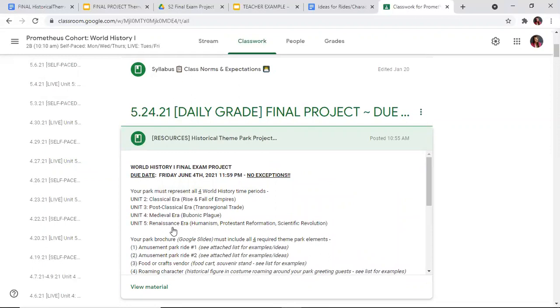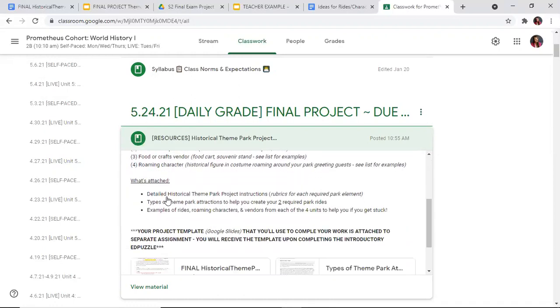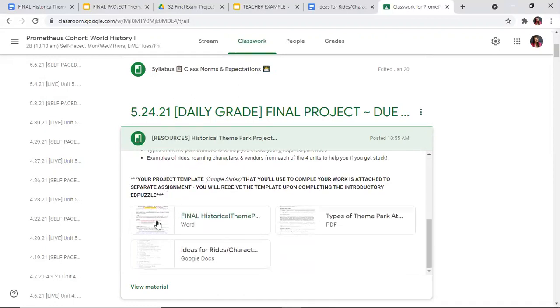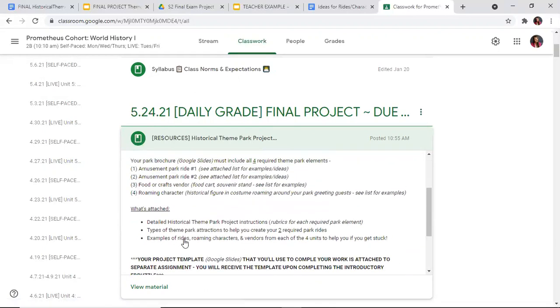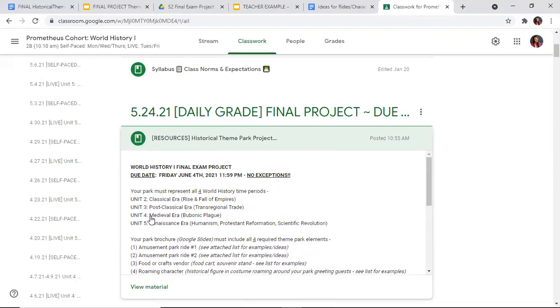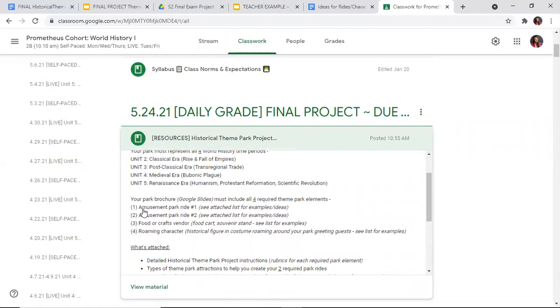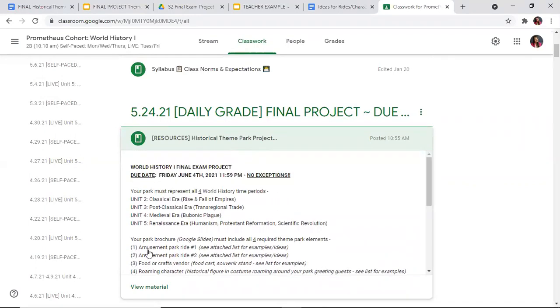We'll go back to the instructions in just a moment. They are attached here for you, so that's where you'll find your copy to go through on your own and refer back to. But I recommend using this information as something of a checklist. You have to use units 2, 3, 4, and 5, and you have to have 2 rides, a vendor, and a roaming character.